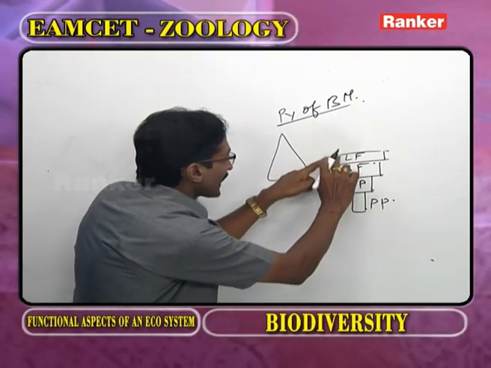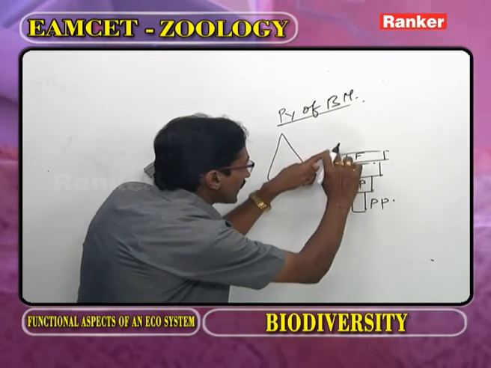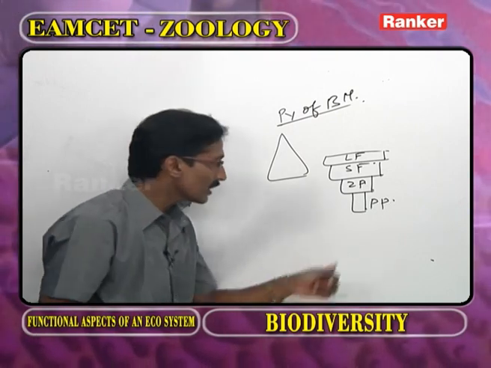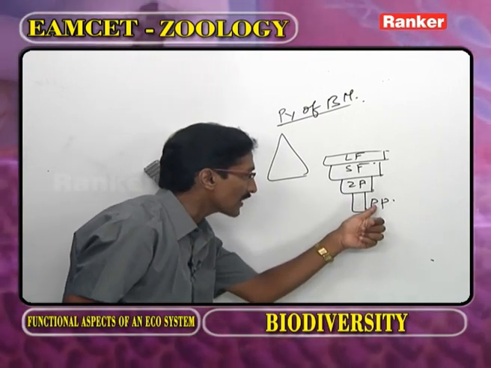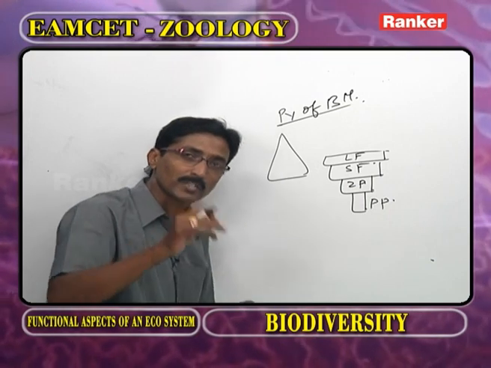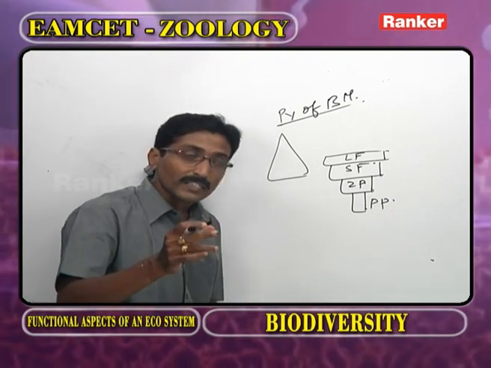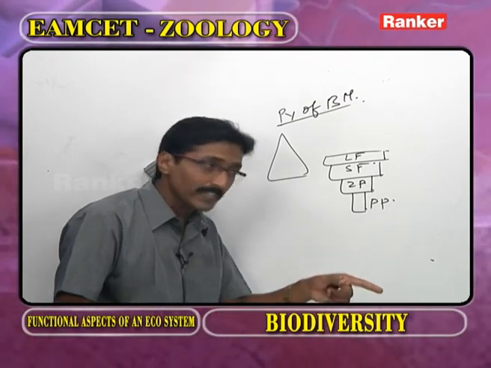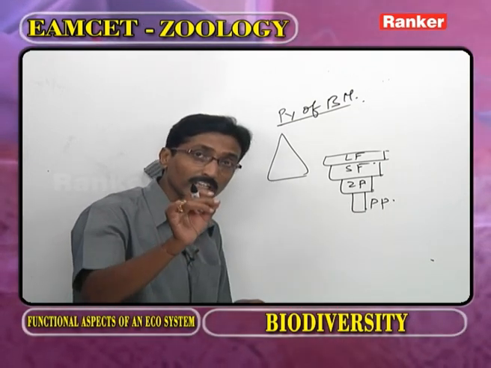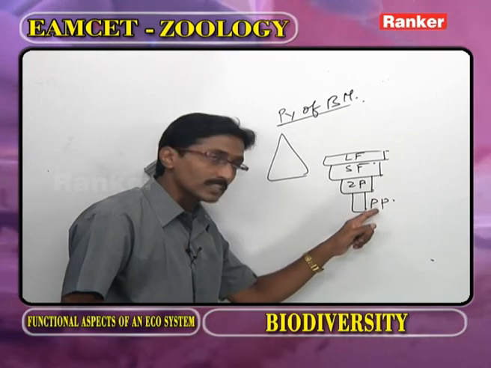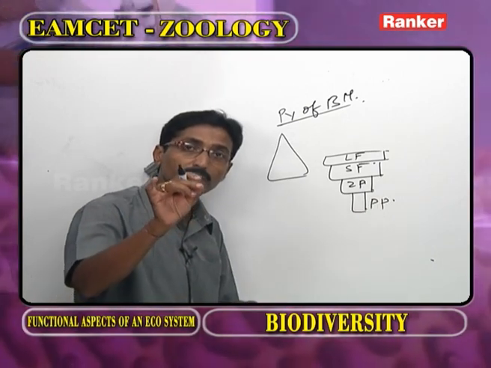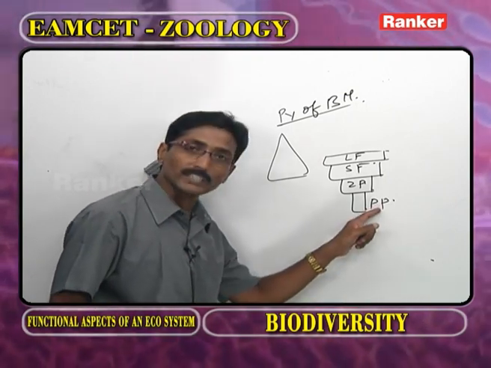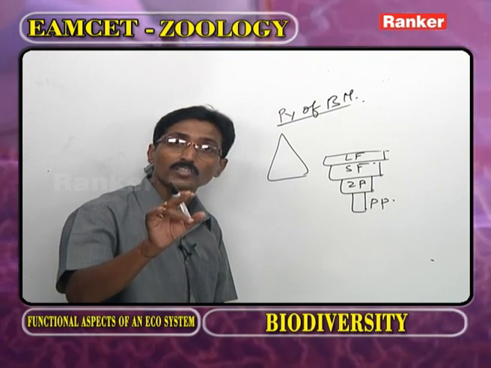So in the pond ecosystem, the pyramid of biomass is inverted, because compared to the phytoplankton, the zooplankton number is more. But though their number is less, in the phytoplankton the energy is more, because in the producers the metabolic rate is very, very high. Irrespective of the number, always in the producers the energy is more.